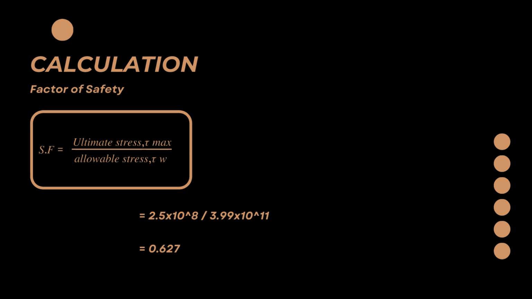From the data we get in CATIA from the simulation, the Tmax, which is ultimate stress, we got 2.5 multiplied by 10 power of 8, and then divided by allowable stress, 3.99 multiplied by 10 the power of 11, and then we got the factor of safety is 0.627.